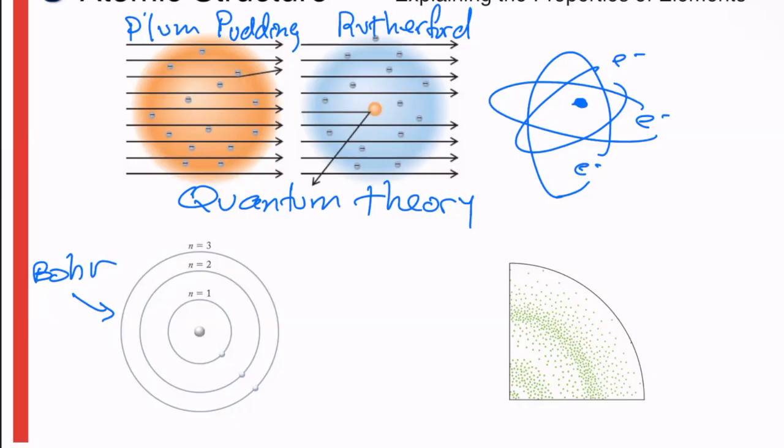So we still have a positively charged nucleus with electrons out here in orbit, but now we'll have different energy levels for those orbits. And those energy levels are going to be quantized. It's not a continuum of energy levels. It's either found at energy level 1, energy level 2, or energy level 3. Right? So these are now going to be quantized energy levels.